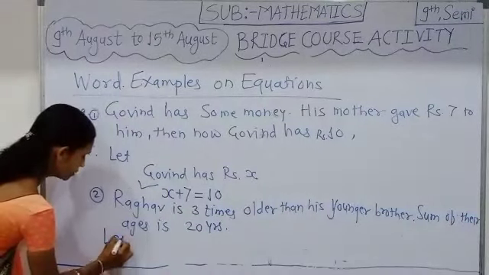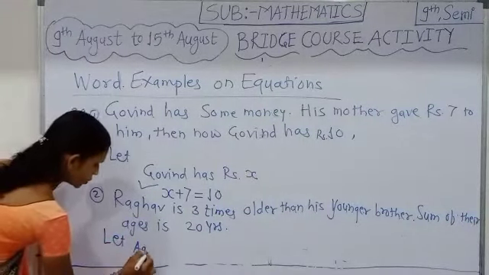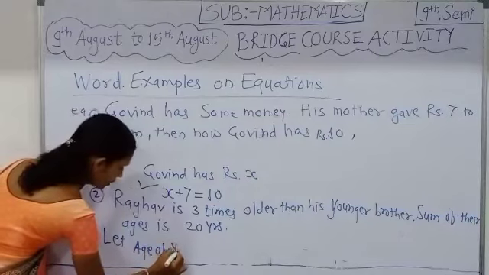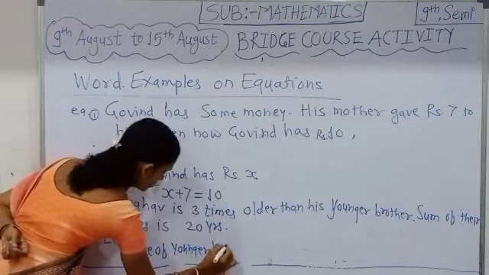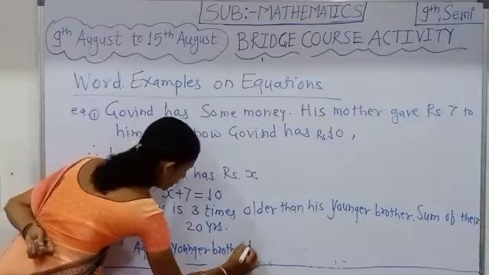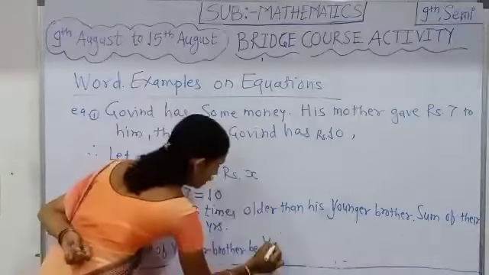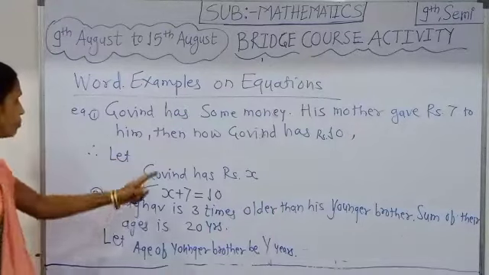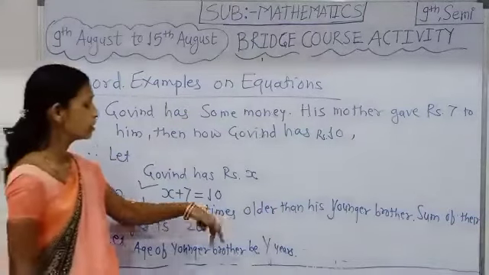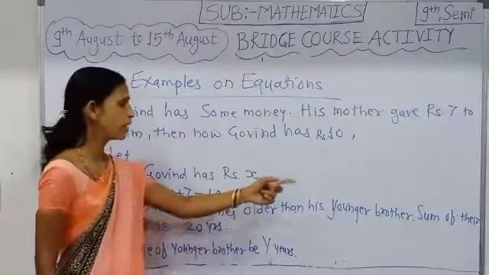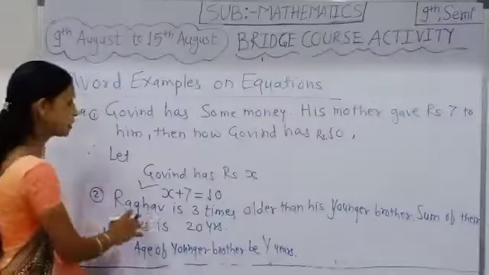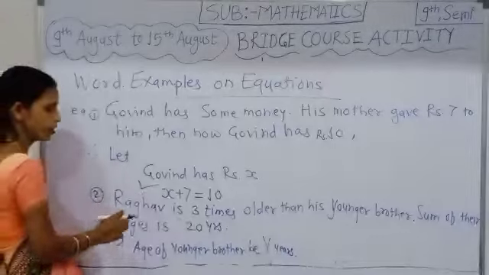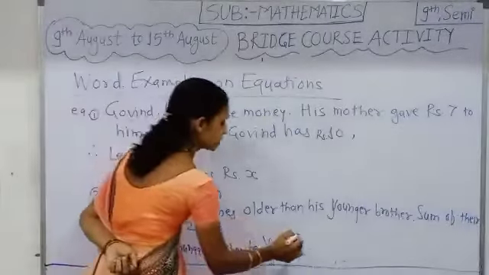Therefore, let us consider the age of the younger brother to be x years. Then from the given condition, Raghav is thrice as old as his younger brother, and the sum of the ages of the two brothers is 20 years.